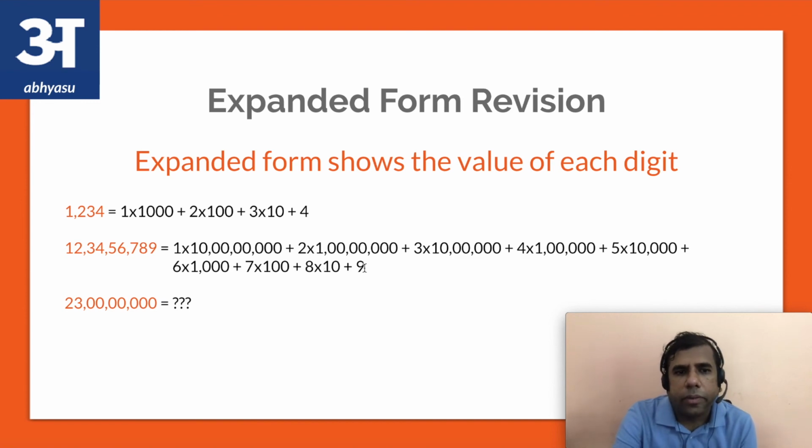So that's going to be the expanded form of this number. Just simply list the place value of each digit and addition of that, right? So that shows the expanded form.